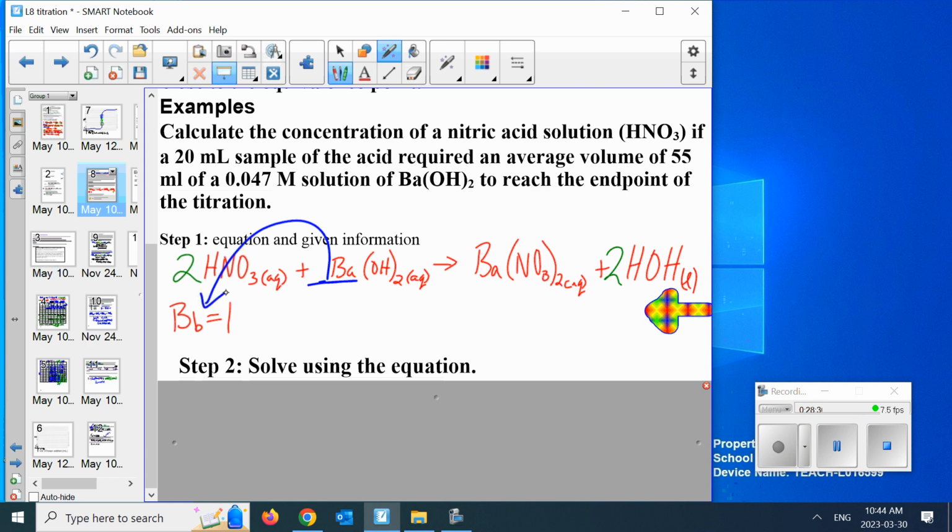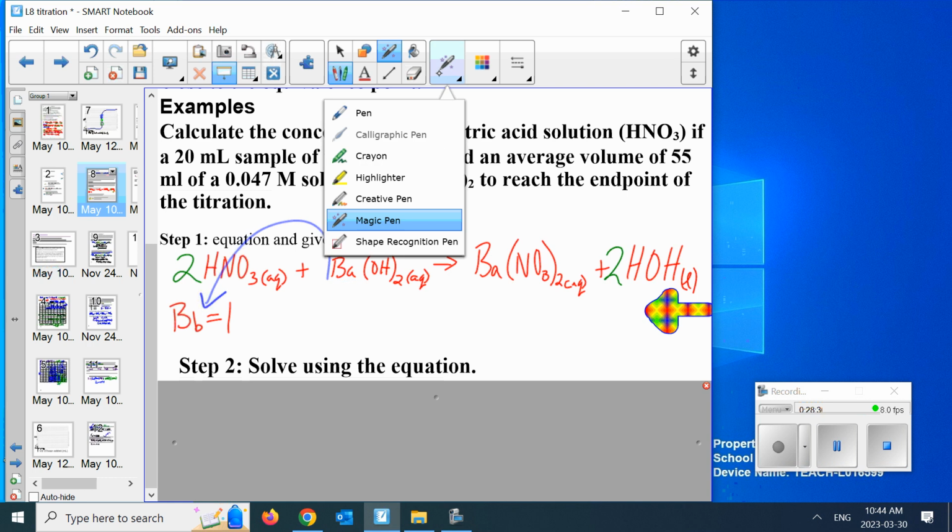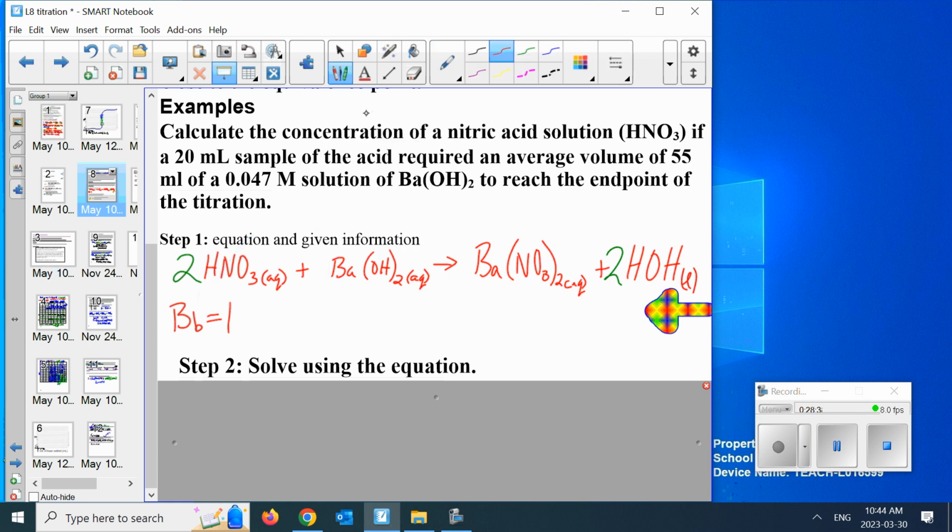That's the balance in front of the base. Then the balance in front of the acid is the 2 in front of the nitric acid. We see a green 2. Now, the rest, I'll just draw it in.